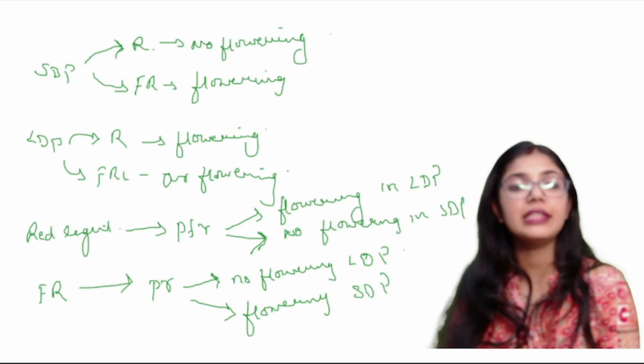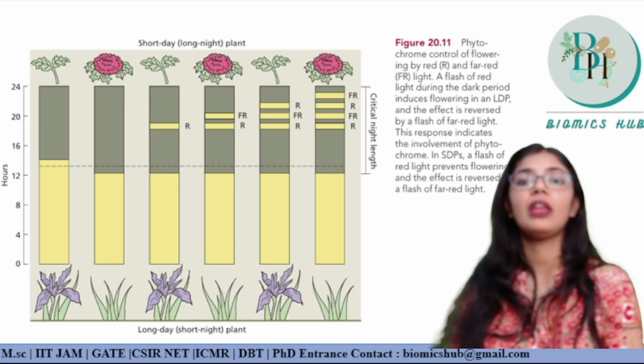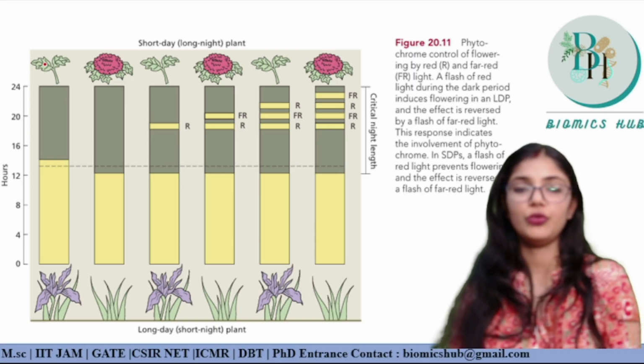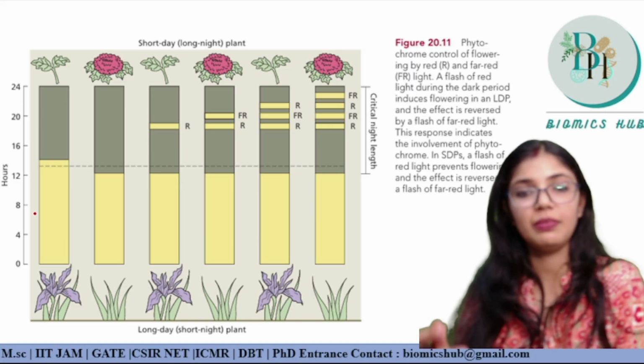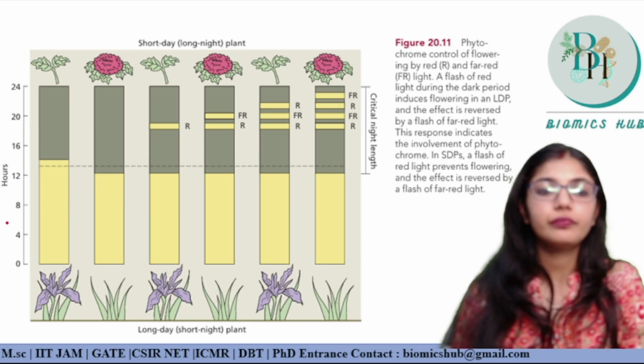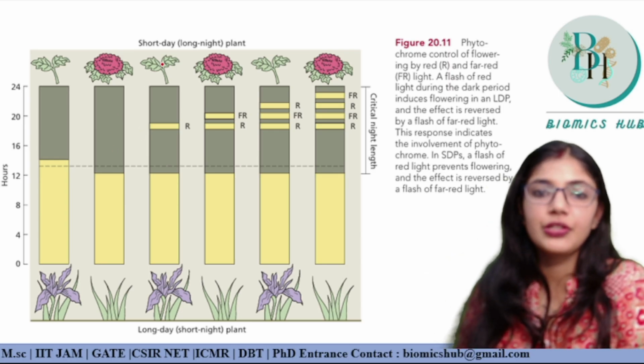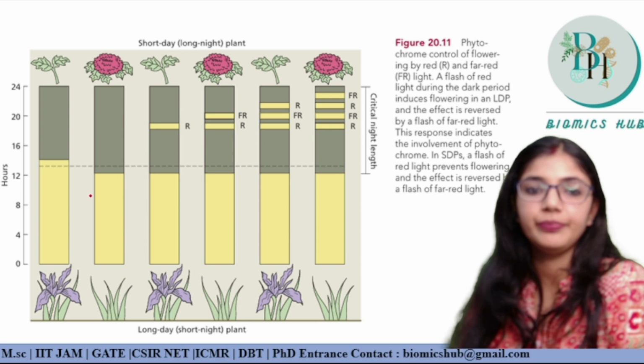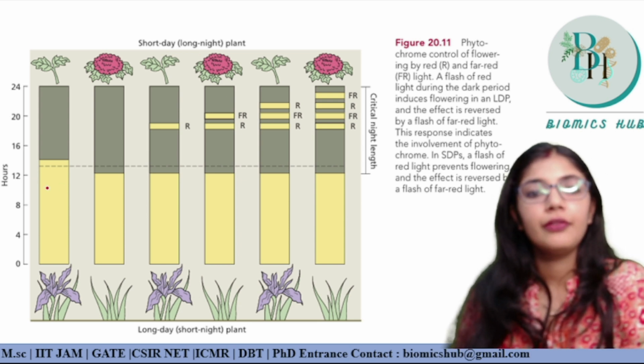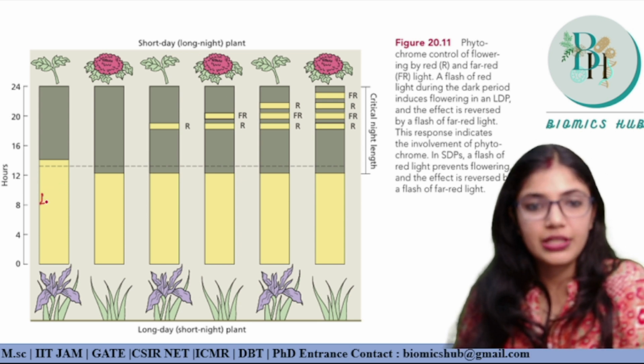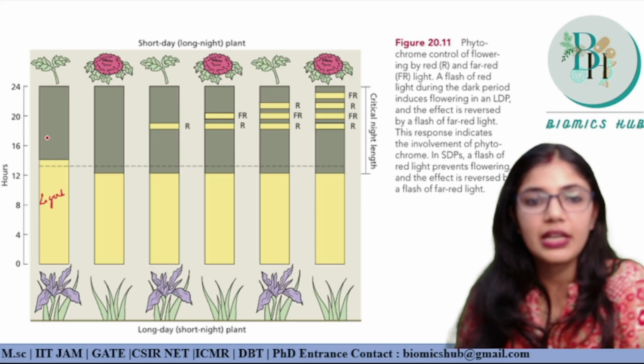Okay, so let us see with the help of this diagram how this PR and PFR is controlling short day and long day plant flowering. Okay, this is the condition of short day plant. So here we can see this is the light condition, and this is the dark condition.